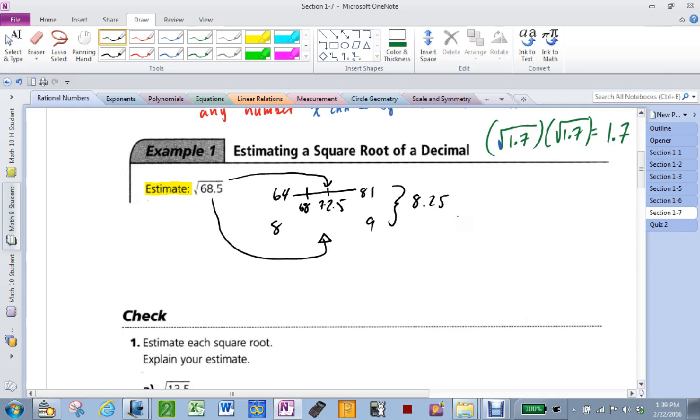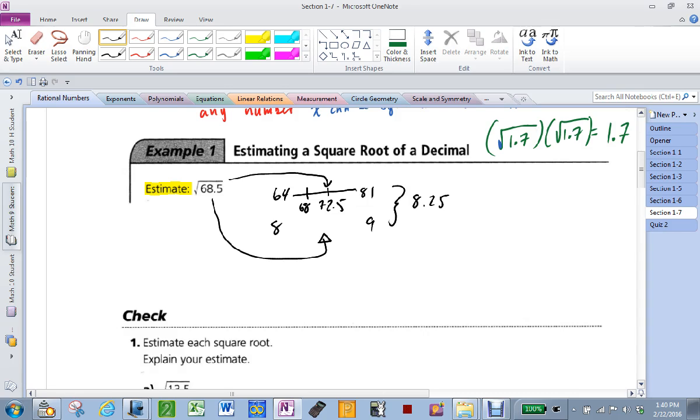And I said, why? And he said, well, because 68.5 is closer to 64 than 81. Excellent. Then I said, can we refine it even more? And I said, well, halfway between the two was 72.5. Halfway between 64 and 72.5 was 68. So we said it's about a quarter of the way along here to get 8.25. Is everyone good with that?